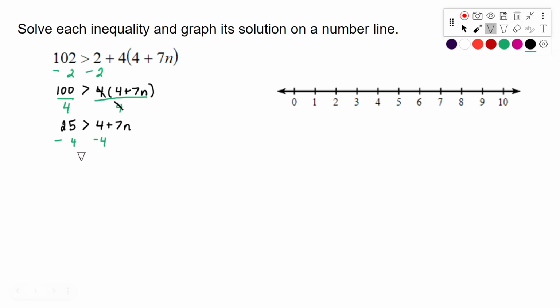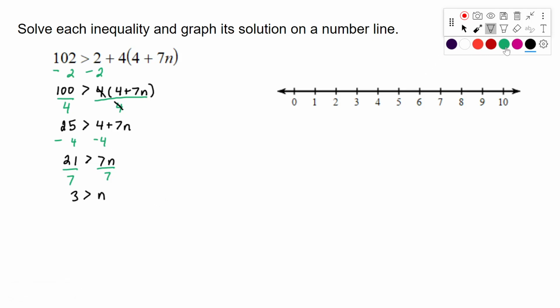Now we have 25 is greater than, not 25, excuse me, 21 is greater than 7n. 7 is being multiplied with n, so to undo it, the inverse operation would be to divide. Again, we're dividing by a positive value, so we do not need to worry about reversing the inequality.